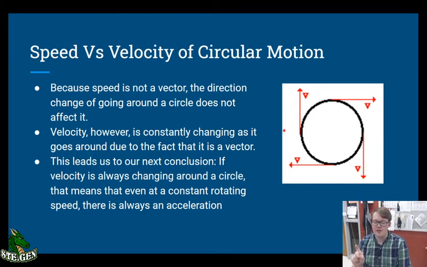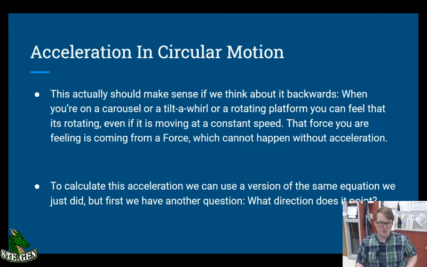Even if you just go very slightly along the curve, if one's pointing here and one's pointing here, that's still a slight change in the velocity. So always an acceleration if you're in a circle.